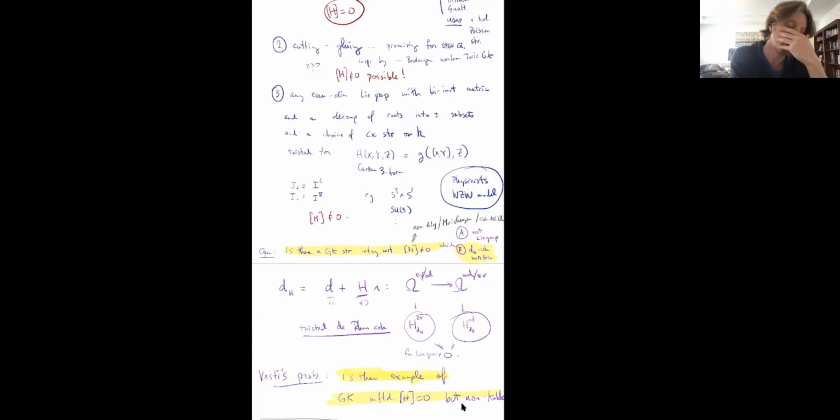Let me think. Yeah, you're right. B1 is odd. So yeah, the H form will end up being the pullback of the Kähler form on the Riemann surface direct sum the trivial.